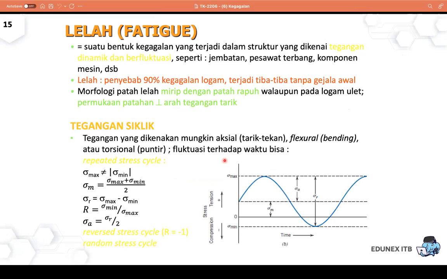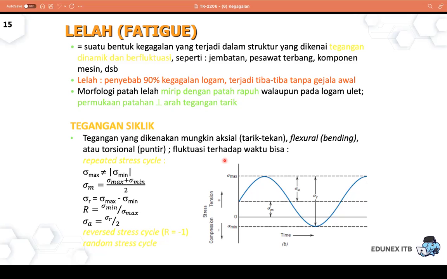Okay, so fatigue is a type of failure. It occurs on a structure that has dynamic loading and dynamic stress, and it fluctuates. For example, on a bridge, bicycle, airplanes, or machine components, and so on.